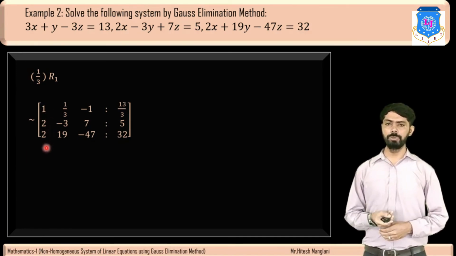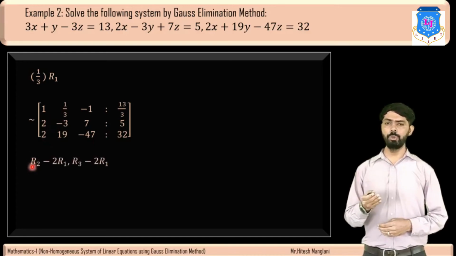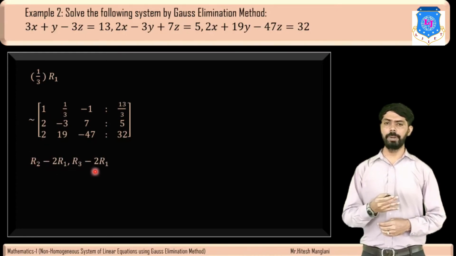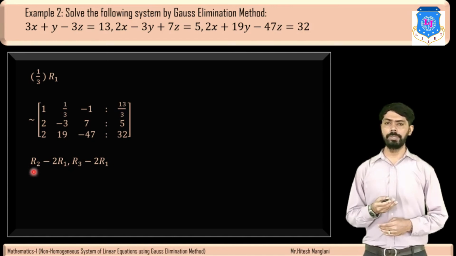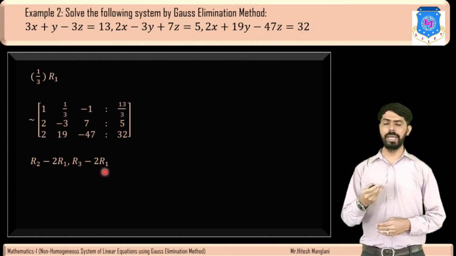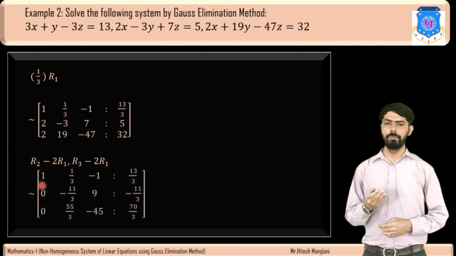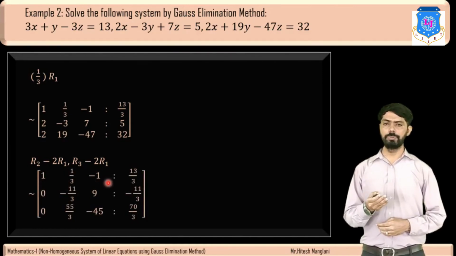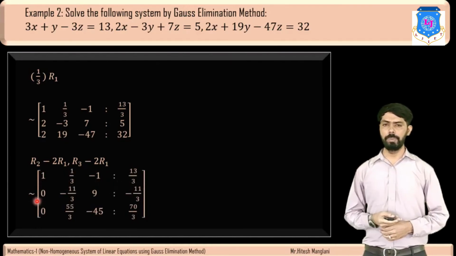That is, we will use the row operations R2 minus 2R1 and R3 minus 2R1. If we apply these two row operations, then the next matrix will have the first row as it is: 1, 1/3, -1, 13/3.